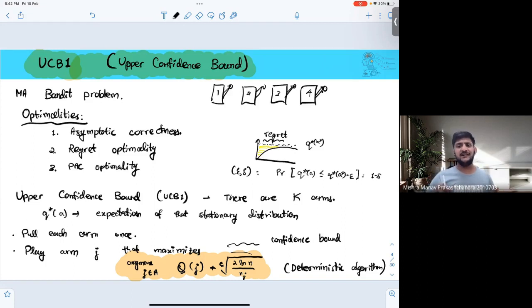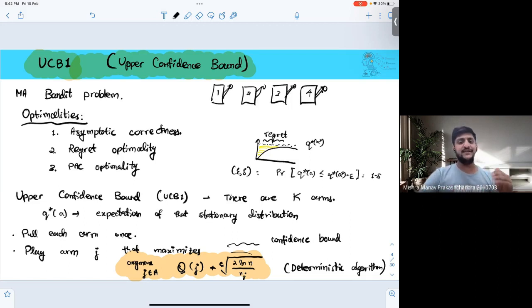So let's say arm j isn't pulled for a long time. Because of that, the confidence bound increases by ln of n. That means my nj is fixed for a long time, but my small n is increasing. So for each time instance that I have not sampled that particular arm, with log n, my confidence bound slowly increases.